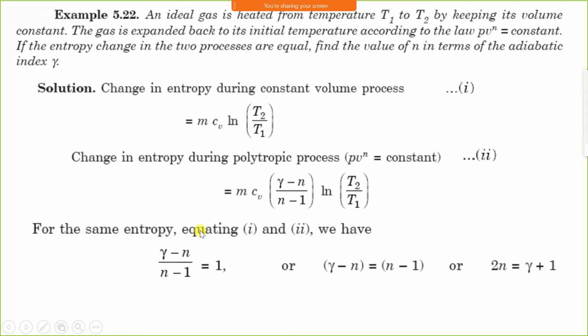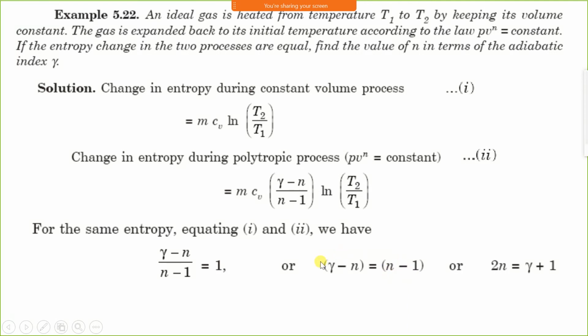When we equate both equations, m Cv ln T2 by T1 cancels on both sides. Only the right hand side remains, gamma minus n upon n minus 1. Now we have to calculate the value of n only. We can rewrite this equation as gamma minus n equals n minus 1.